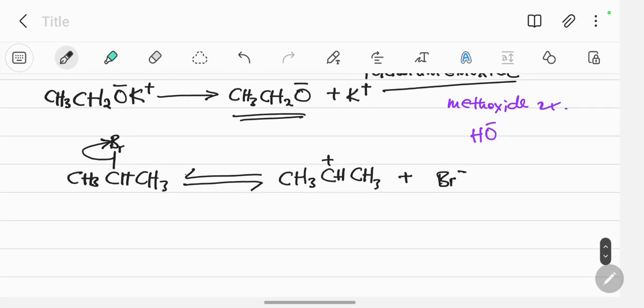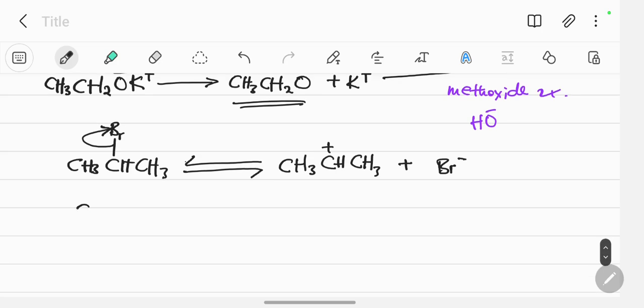Then after that, we prepare to lose the hydrogen, bonded to CH2 and the hydrogen there.